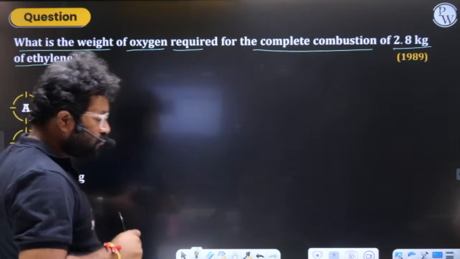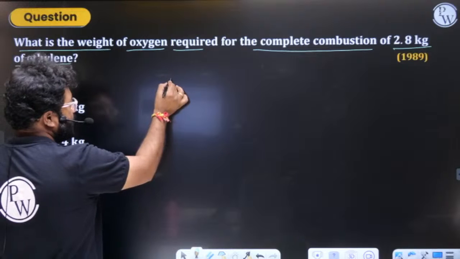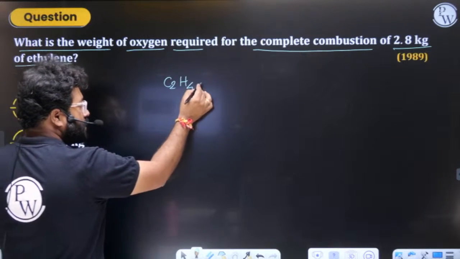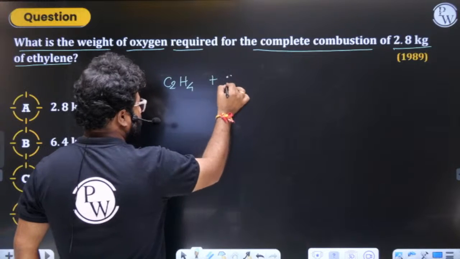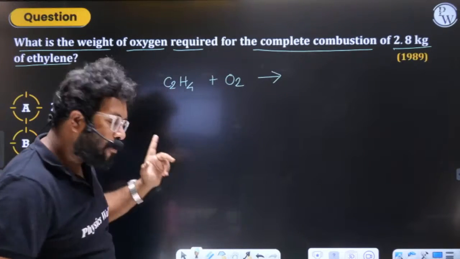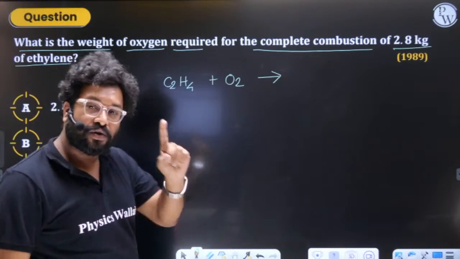So, ethylene, right? Now for ethylene, you must know the formula of ethylene. It is C2H4. C2H4 again is going to react with oxygen. Now in ethylene, how many carbon atoms do we have? You already have 2 carbon atoms.